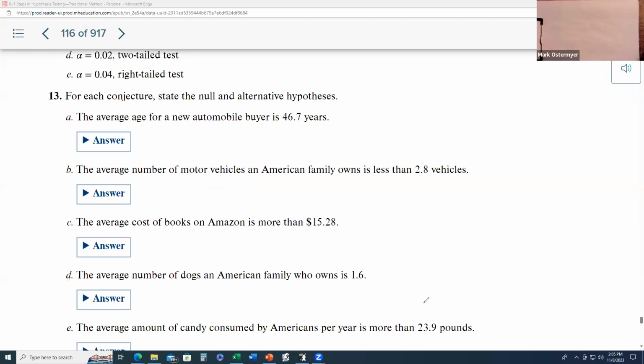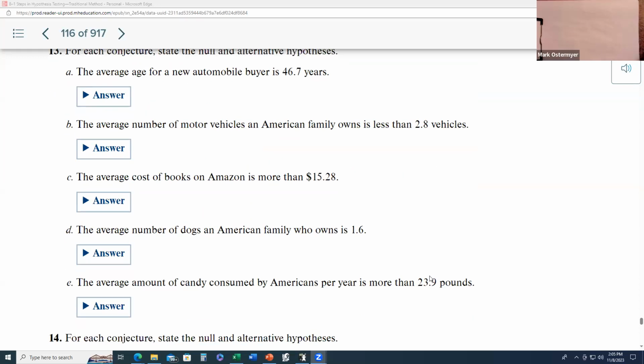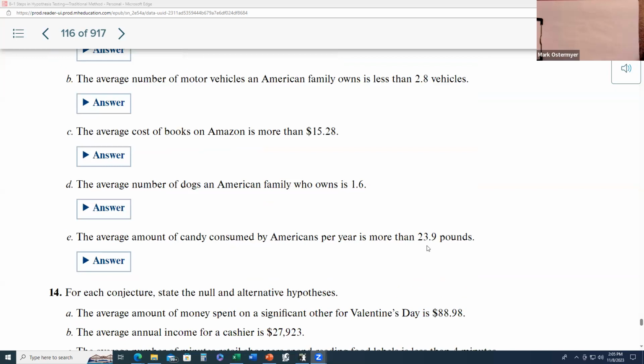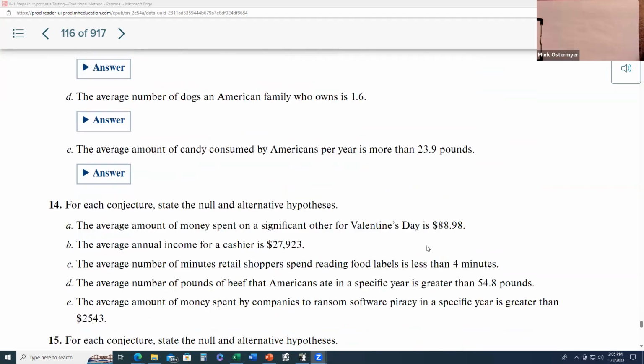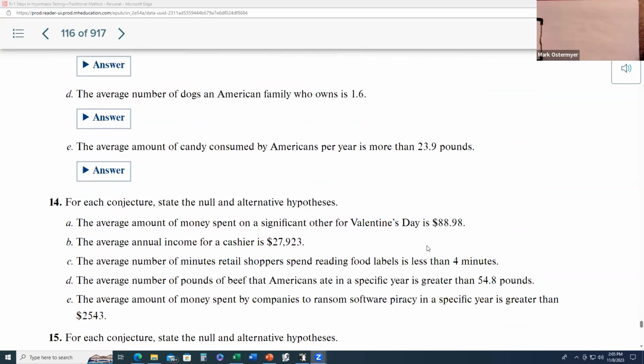So now we're starting to understand how to set up our hypotheses here. Maybe you could just do one more.